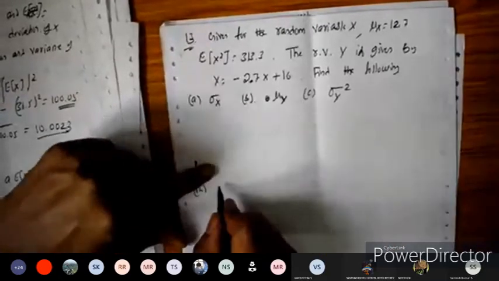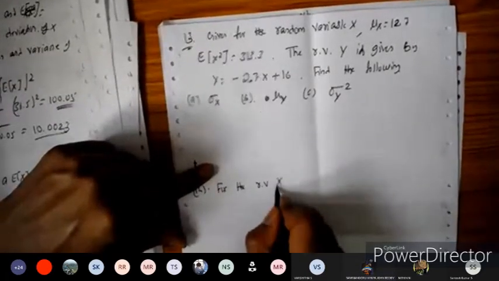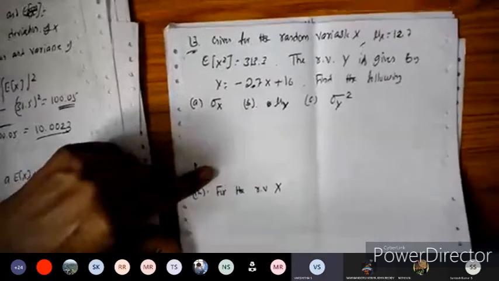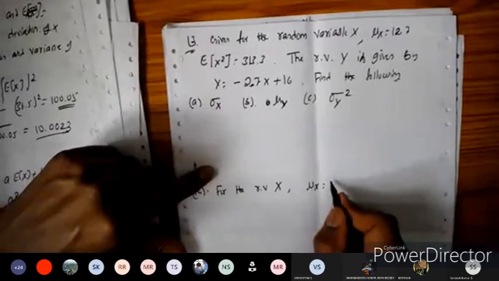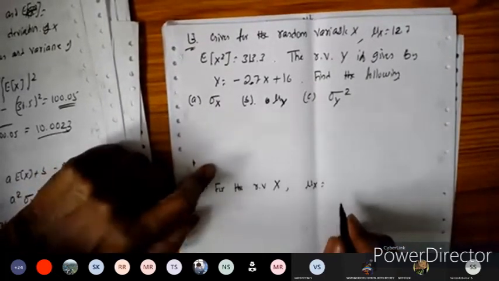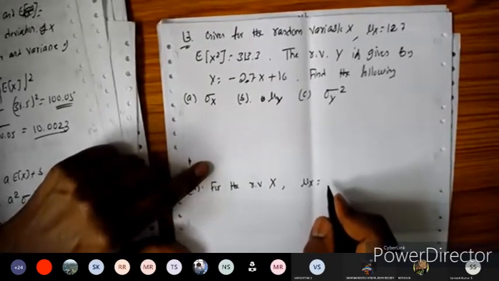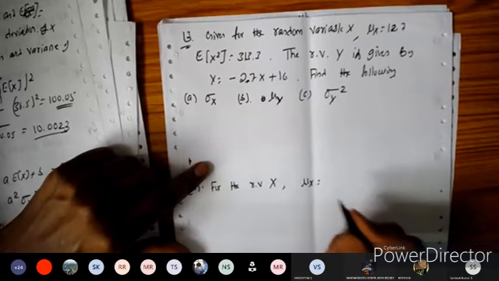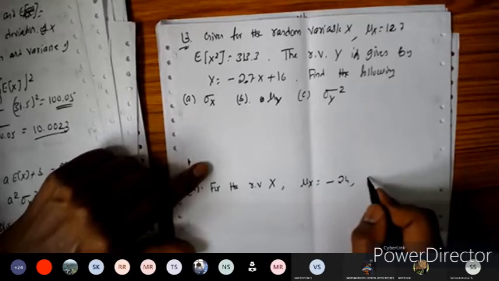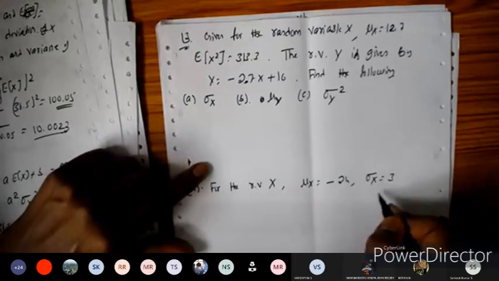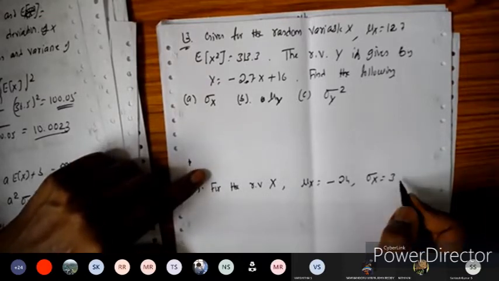Take next problem. Any doubts? No, sir. Okay, fine. For the random variable x, mu x is equal to minus 24, and sigma x, the standard deviation, is 3.